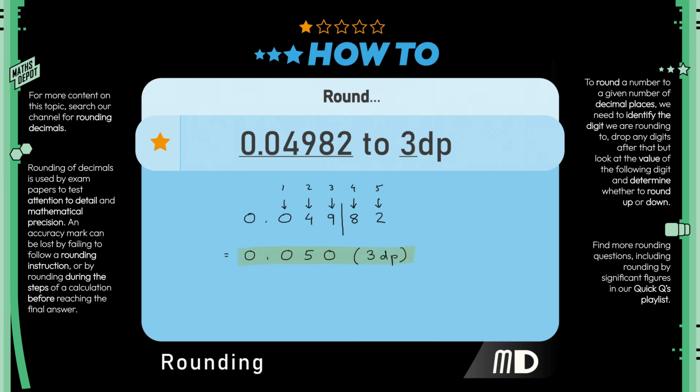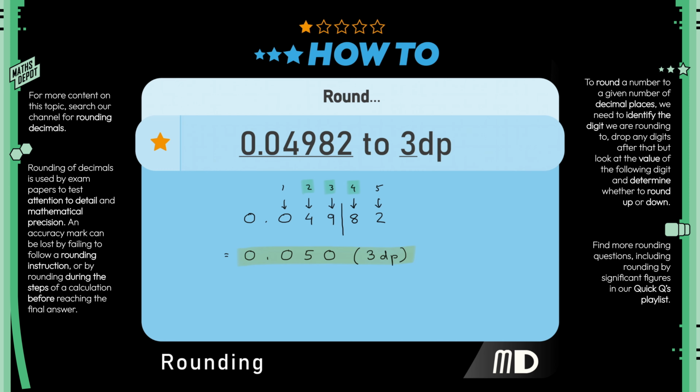This question asks us to round 0.04982 to 3 decimal places. The important digits for the purposes of answering this question are the second digit, which is 4, the third digit, which is 9, and the fourth digit, which is 8.